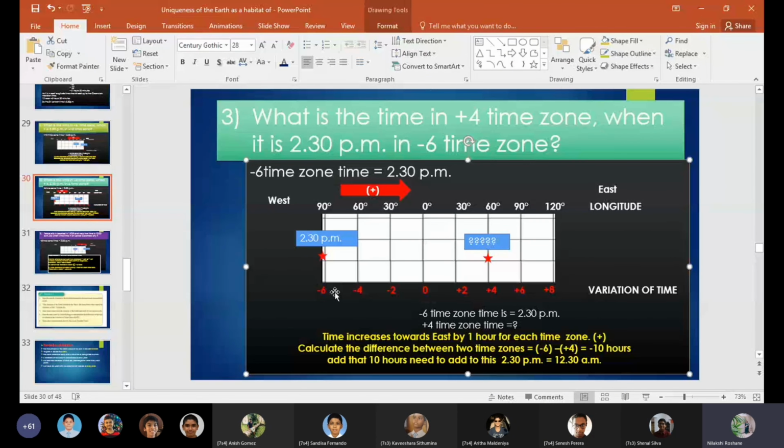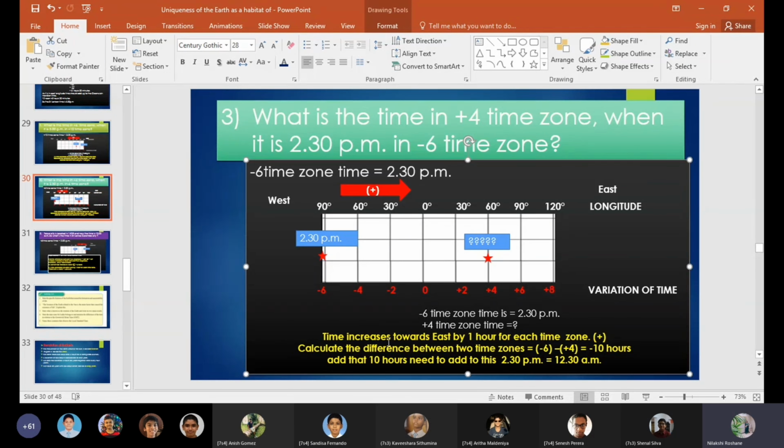If you are traveling from west to east, what will happen? You should add 1 hour for each time zone.